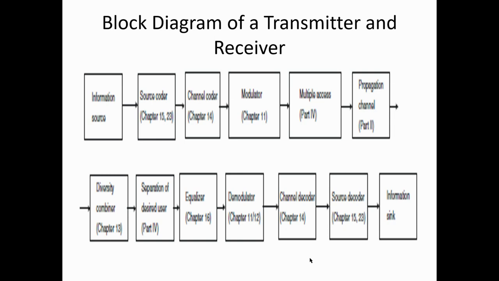And then we have a channel coder. The source coder removes the redundancy, but the channel coder adds some redundant information for error correction and error detection. Normally, in wireless communication, the information is transmitted in free space, so due to interference and other noise, there is a possibility of the information getting into error.